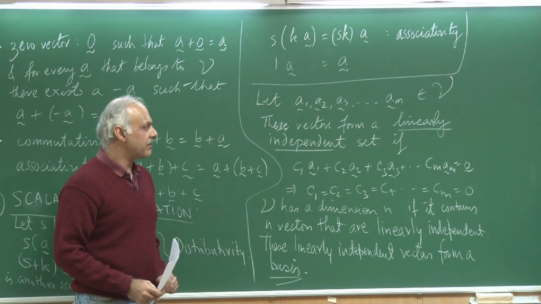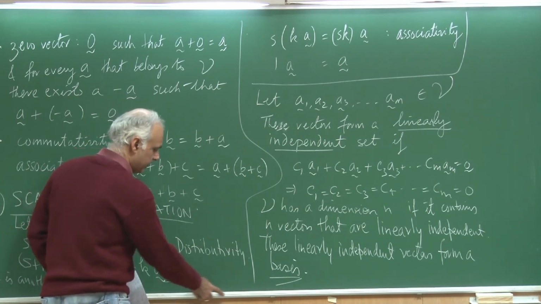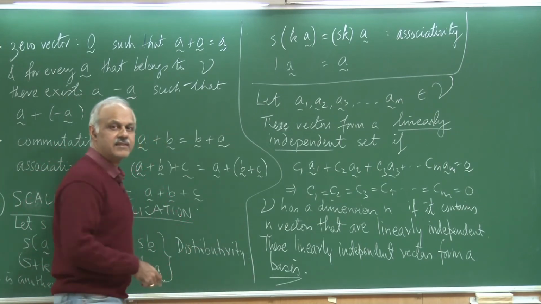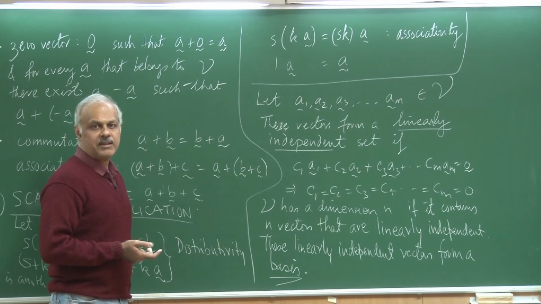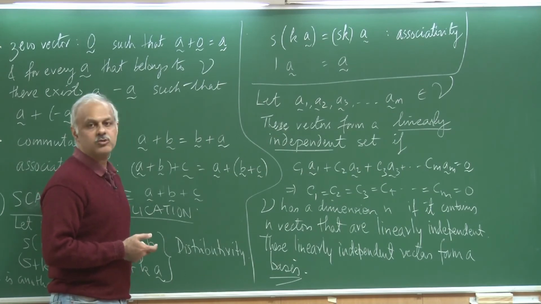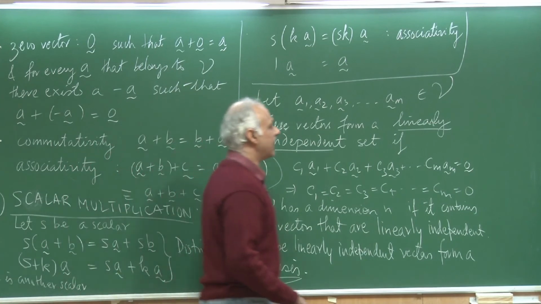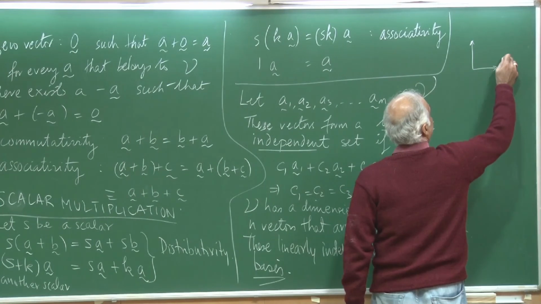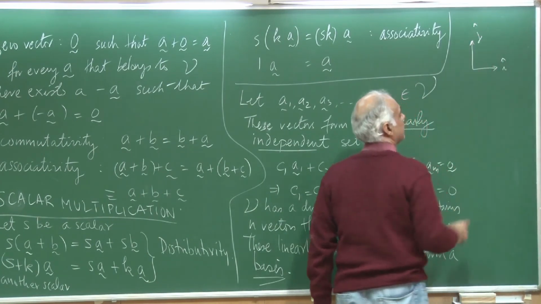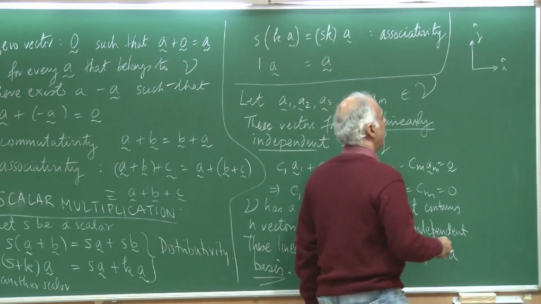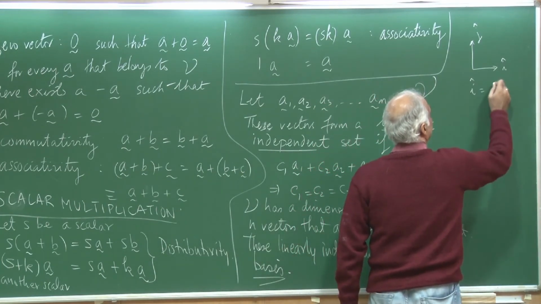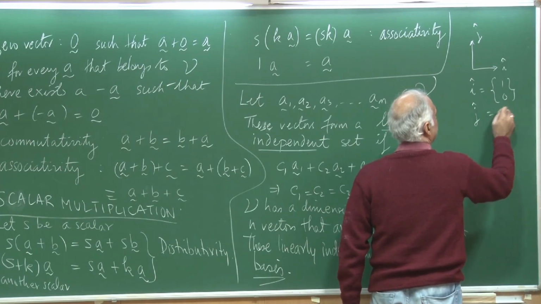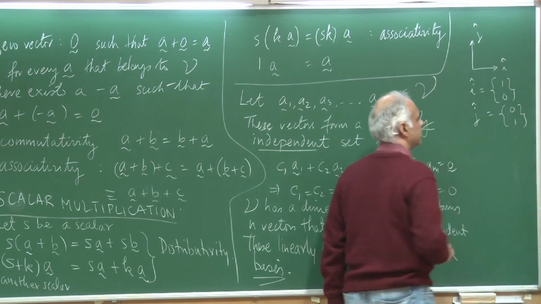So one possible example is I could take a unit vector which is horizontal, and then another unit vector which is vertical, and all other vectors can be written as a linear combination of these two basis vectors. So here is an example. This in two dimensions would constitute the vector i and the vector j. And i of course is (1, 0) in two dimensions, and the j vector is (0, 1).